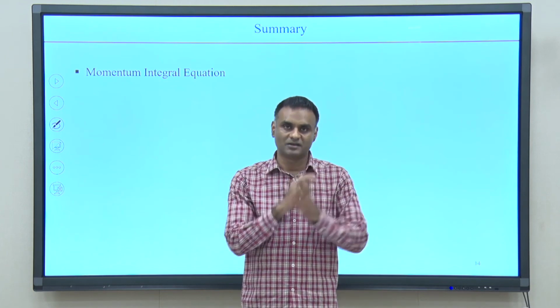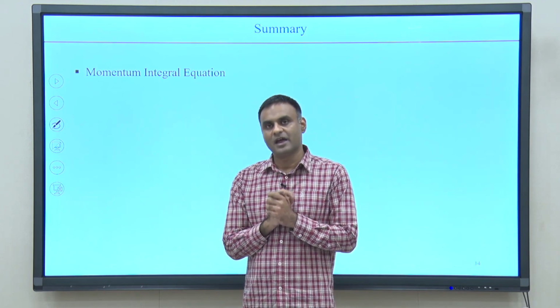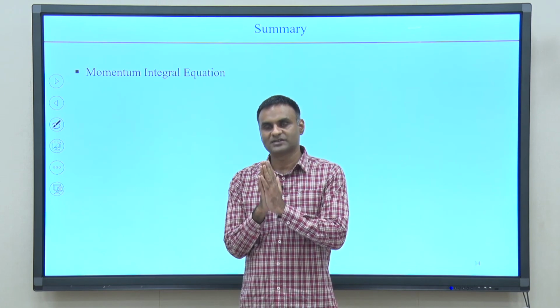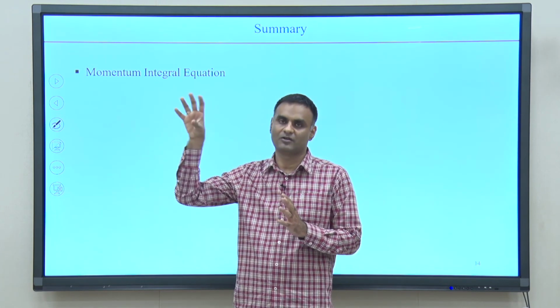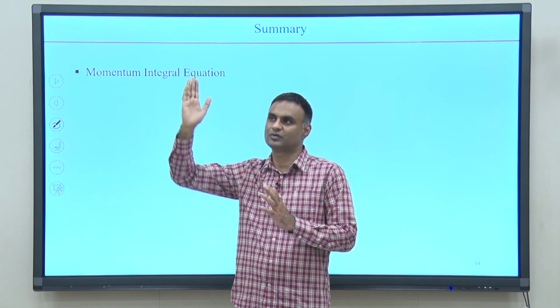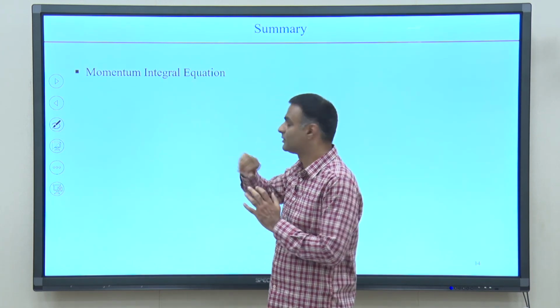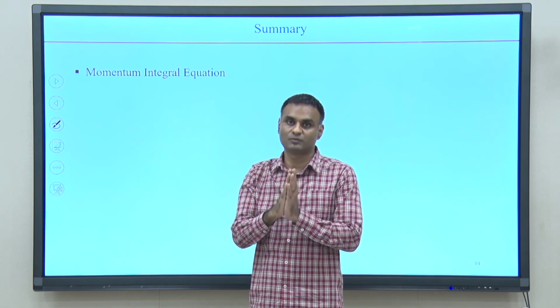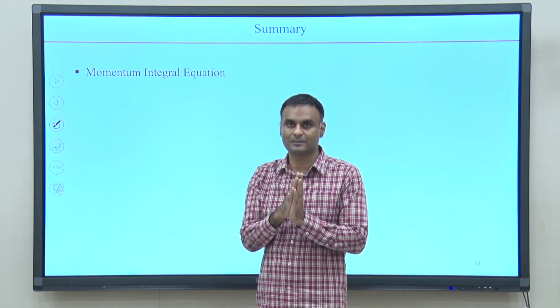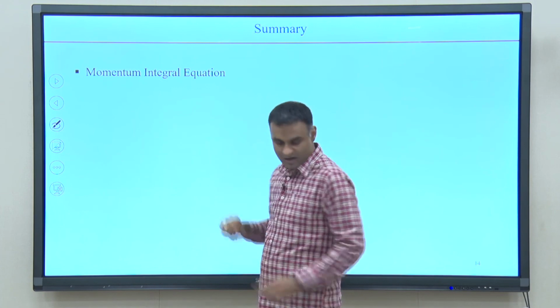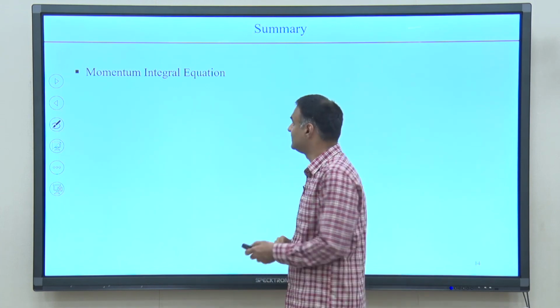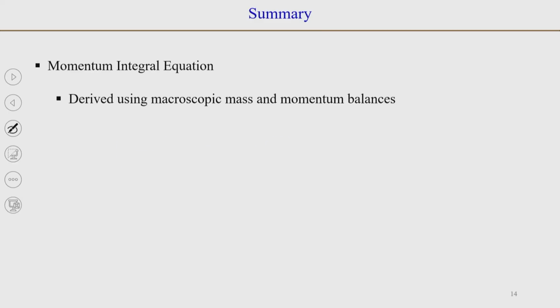We applied the momentum balance equation, and when we applied it, we needed a term m dot bc, which was the mass flow rate going out of this control volume. Then we used a mass balance equation to find that and obtained an equation for integral momentum balance.